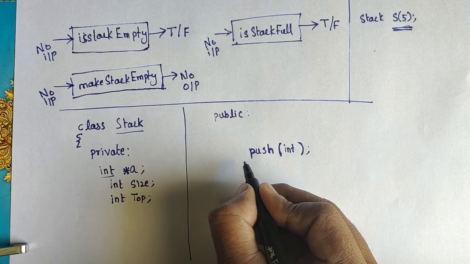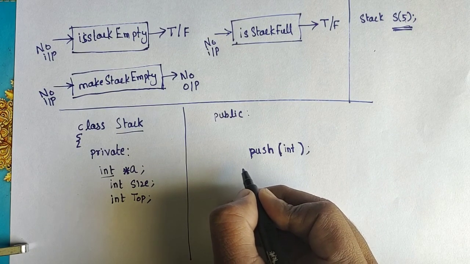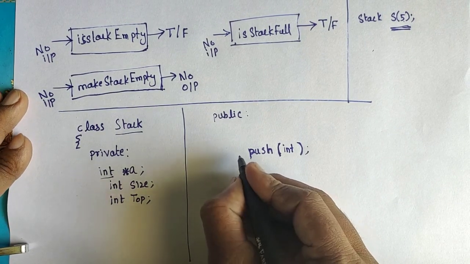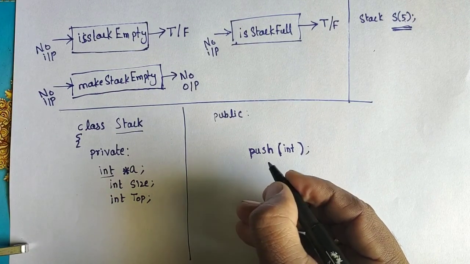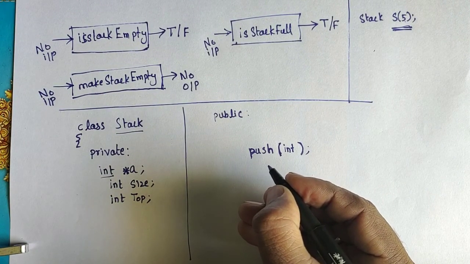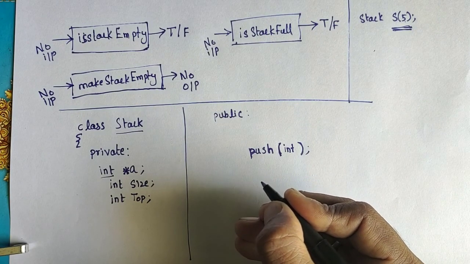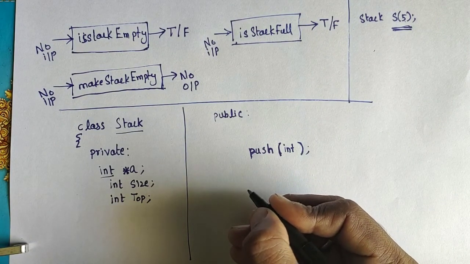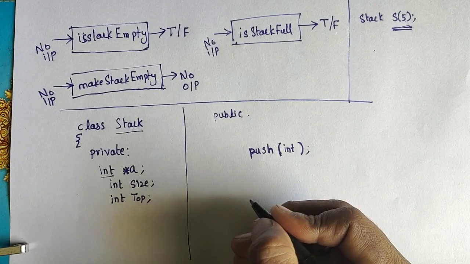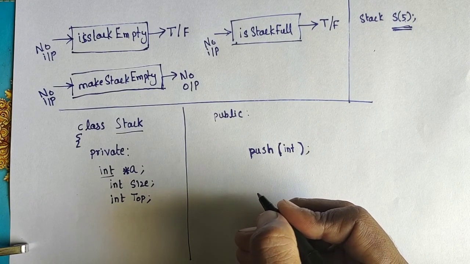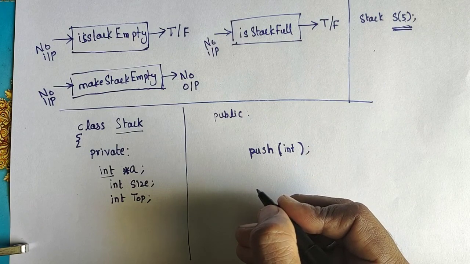True or false comes under the boolean data type. Either you can make bool as the data type or you can fix int as the data type, so that we can identify 0 as failure and a non-zero value as success. Or in C++ we have the dedicated data type boolean to represent the true or false value.